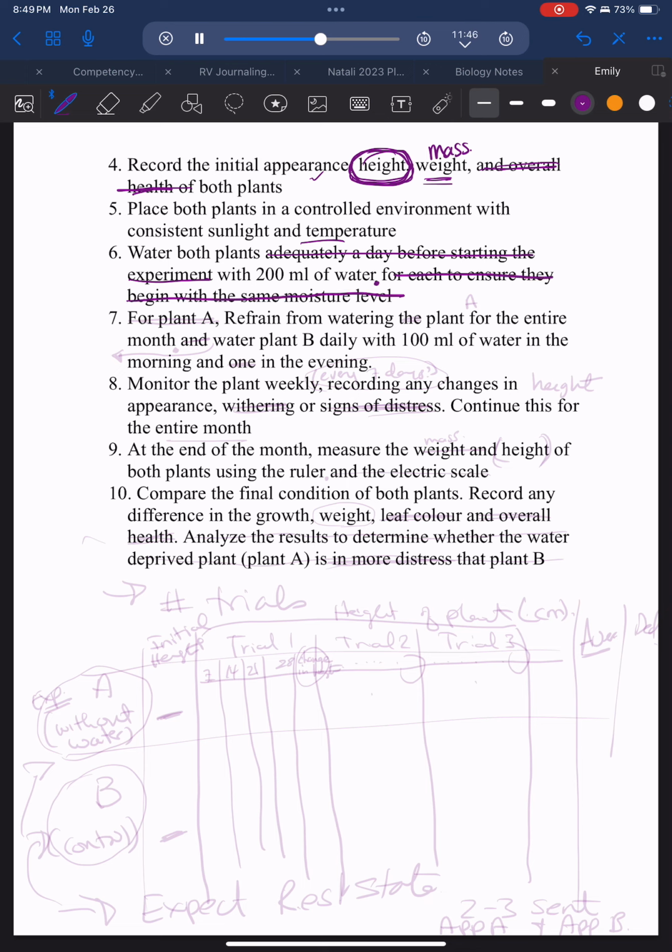Remove all of this. All of that is extra. For plant A, refrain from watering the plant for the entire month and water plant B daily with 100 ml of water in the morning and in the evening.